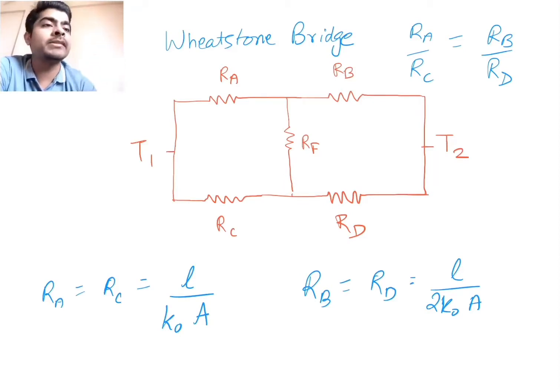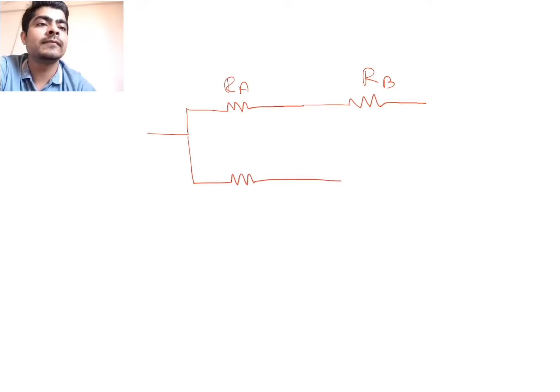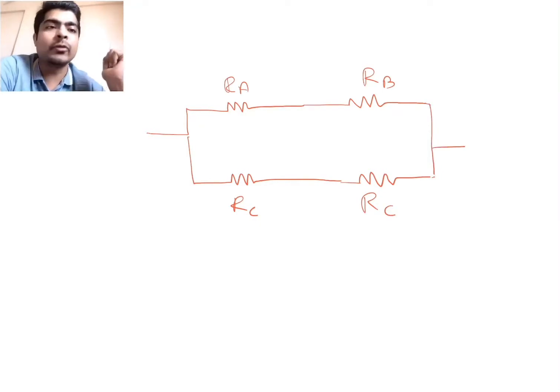So since the temperature is uniform, we could redraw the circuit as Ra, Rb, Rc, Rd, because there is no current through the rod F, so we can just remove it from the situation.